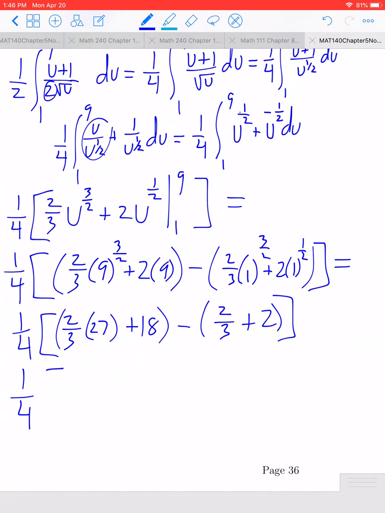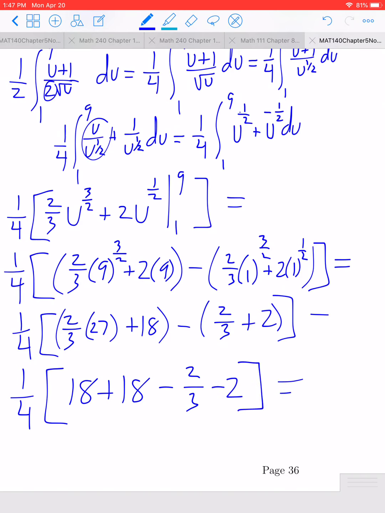So we get 1/4. 2/3 times 27. 3 goes into 27 9 times. That's going to be 18 plus 18. Then we're going to have a minus 2/3 minus 2. This is 1/4 times 18 plus 18 is 36. 36 minus 2 is 34.